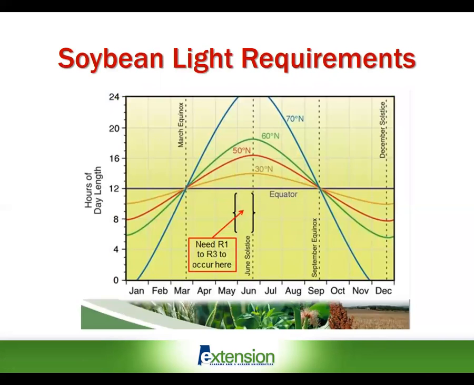If you look at the soybean's light requirement, you want to be in flowering and early pod production at 33 degrees north, and this is about where I'm pointing right now, when you get the longest days of the year, June 21st.